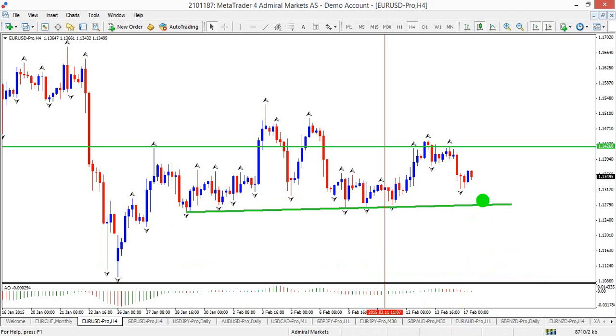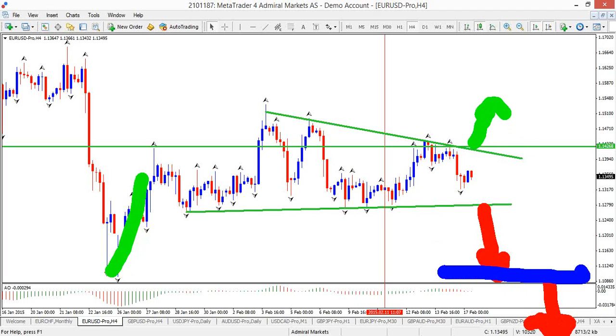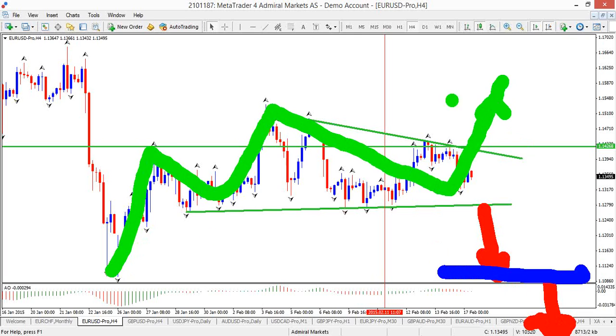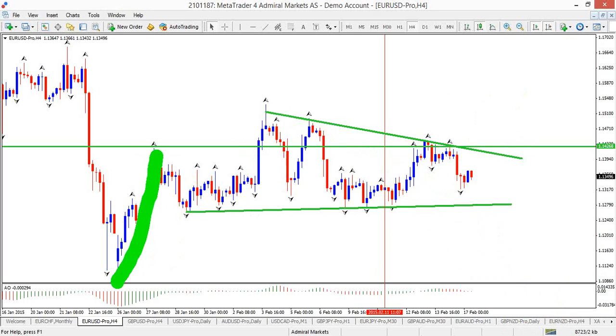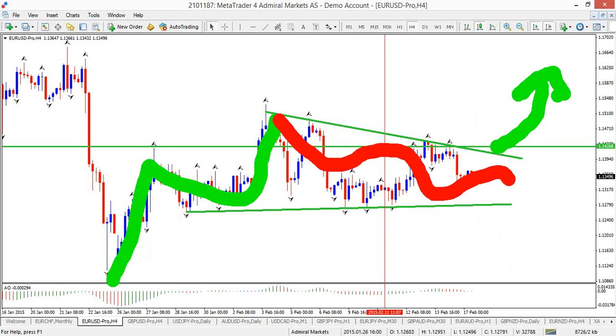Until that moment, price could also easily retrace higher instead of making the breakout here, and later on below the bottom. It could also break to the upside in a bigger zigzag formation, with this perhaps being part one, this being the consolidation, and then getting a zigzag follow-through.